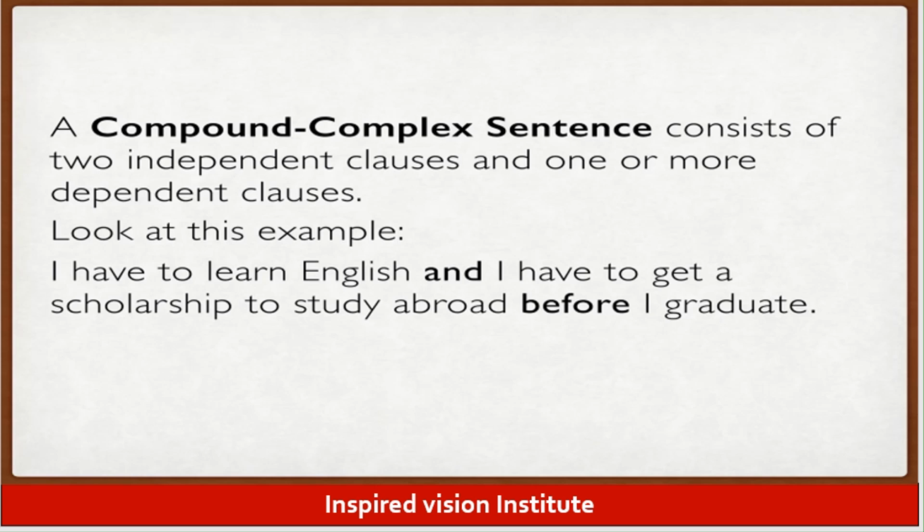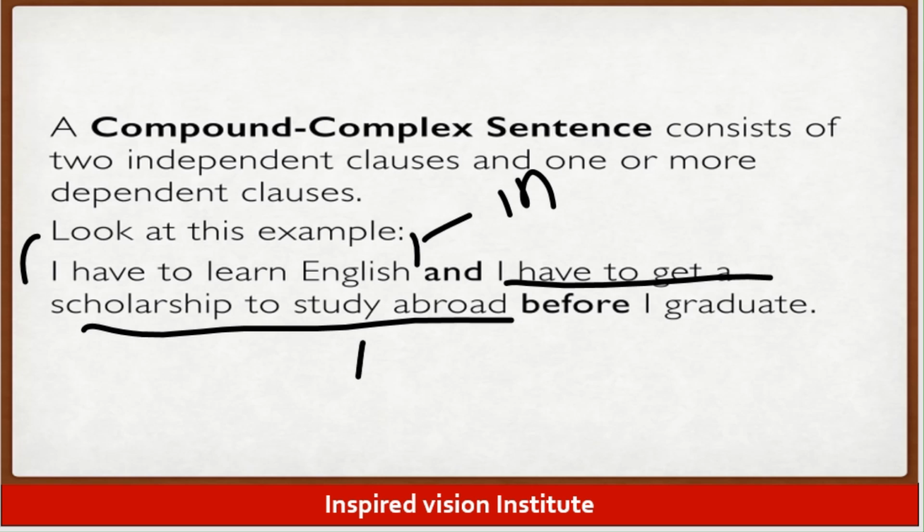I have to learn English is one independent clause. I have to get a scholarship to study abroad is the second independent clause. Both are followed by a dependent clause. So two independent clauses and one or more dependent clauses combined become a compound-complex sentence.